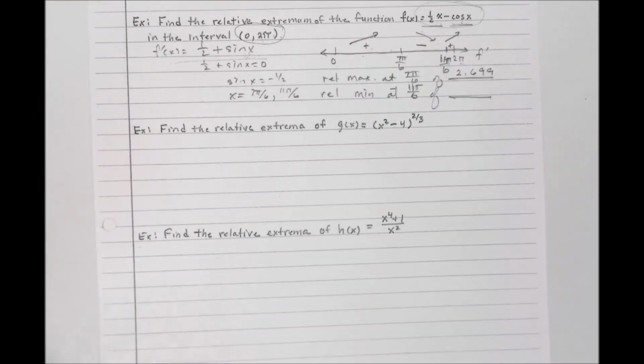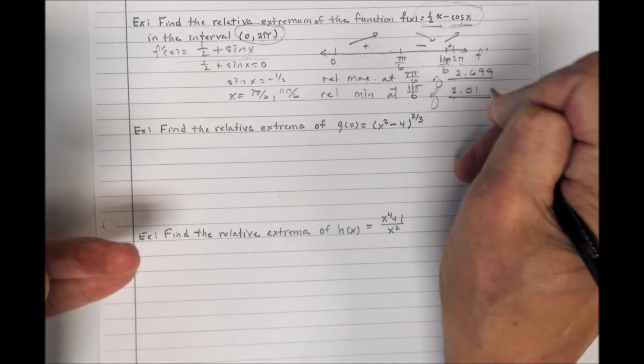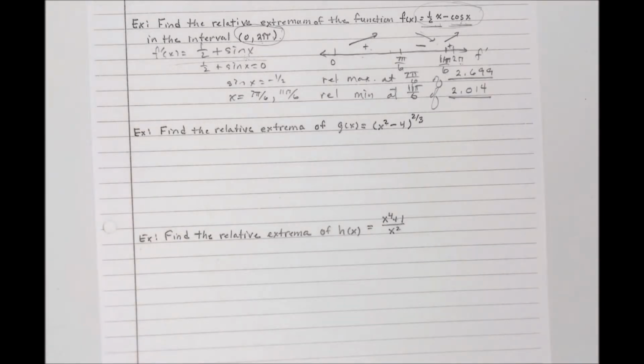And for the minimum, I'm going to do the same thing, only this time I'm going to plug 11 pi over 6 in. So 0.5 times 11 pi divided by 6 minus the cosine of 11 pi divided by 6 turns out to be 2.0137, so 2.014 to 3 decimal places.